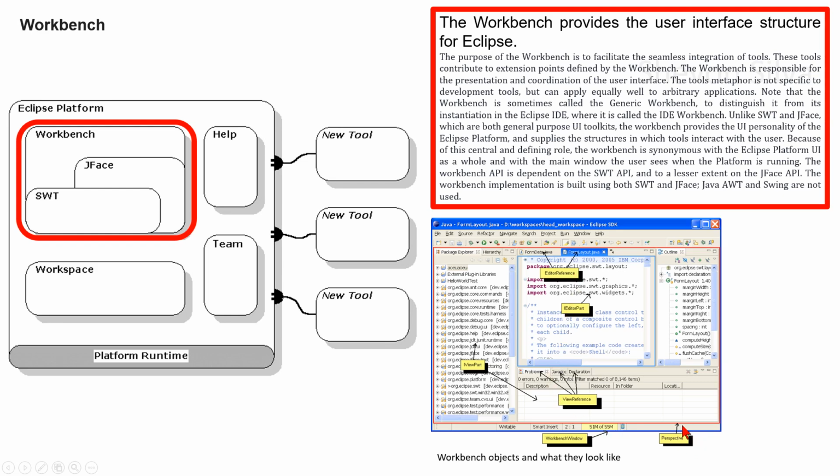The page owns a set of perspectives. Perspectives contain a layout and information about what action sets to enable. Although a perspective appears to contain views and an editor area, they only own a layout.